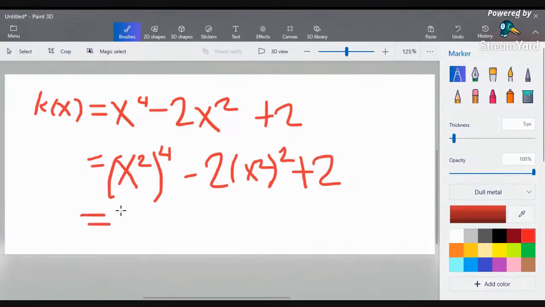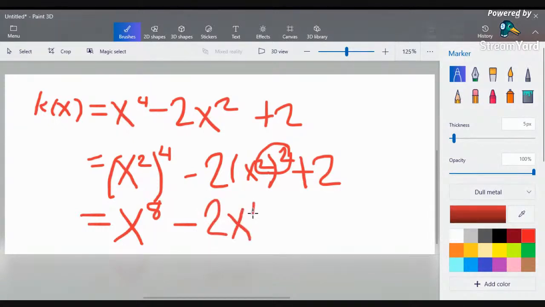Okay, so that will become x raised to 8 minus, this one will be x raised to 4. X raised to 4 times negative 2, that's negative 2x raised to 4 plus 2. That will be the answer for number 5. Okay, for evaluation of functions.